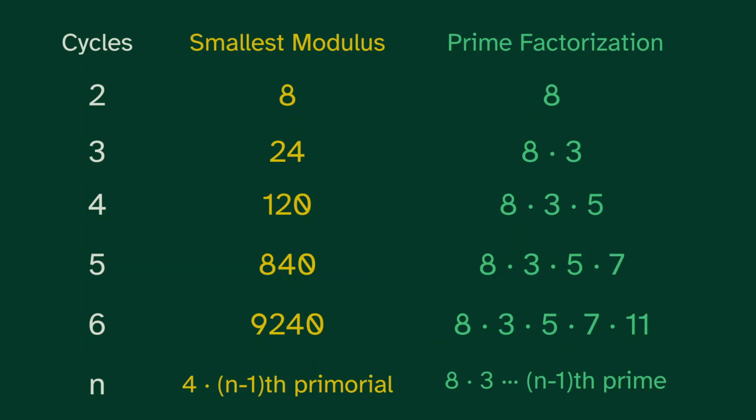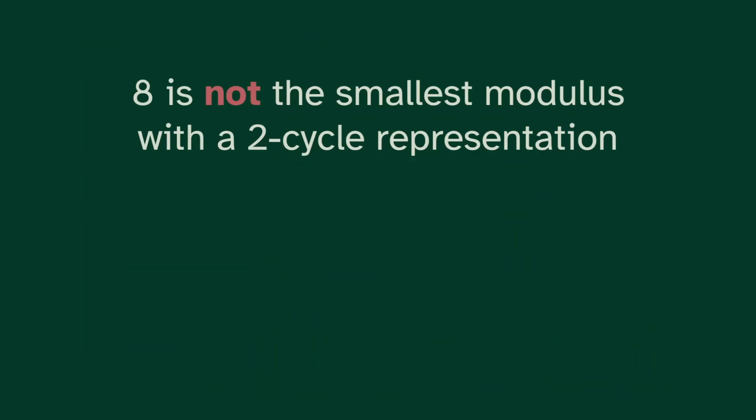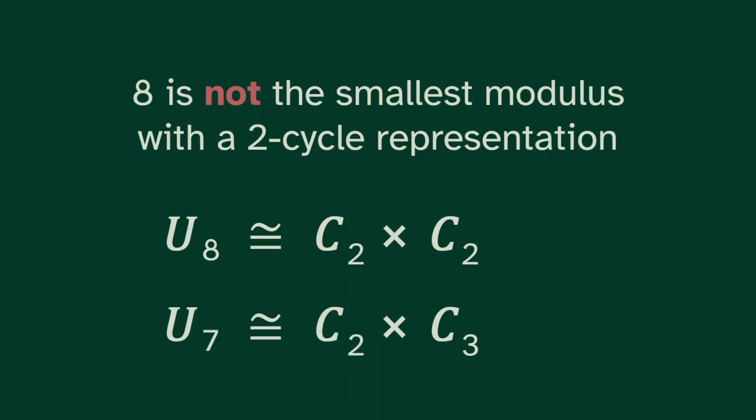But this isn't actually true. 8 is not the smallest modulus with a 2-cycle representation. U8 is a 2-cycle times a 2-cycle, but U7 is a 2-cycle times a 3-cycle. But we didn't notice this because the standard representation is a 6-cycle.